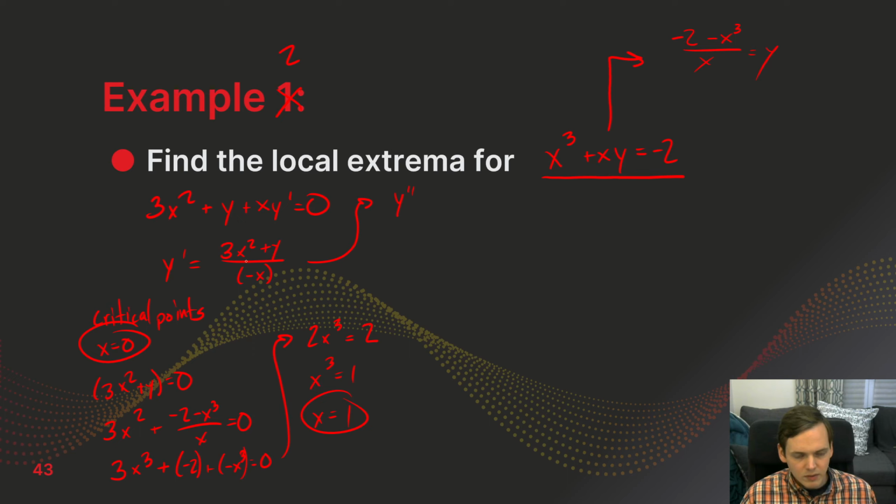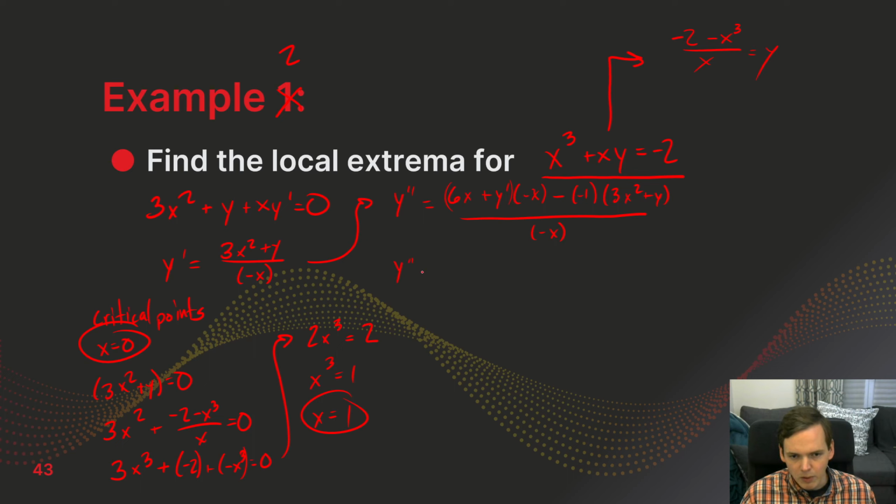The second derivative is going to be the derivative of the thing on top, which is going to be 6x plus y prime times the thing on bottom, negative x, minus the derivative of the bottom, which will be negative 1, times the top, which is 3x squared plus y, all over negative x squared.